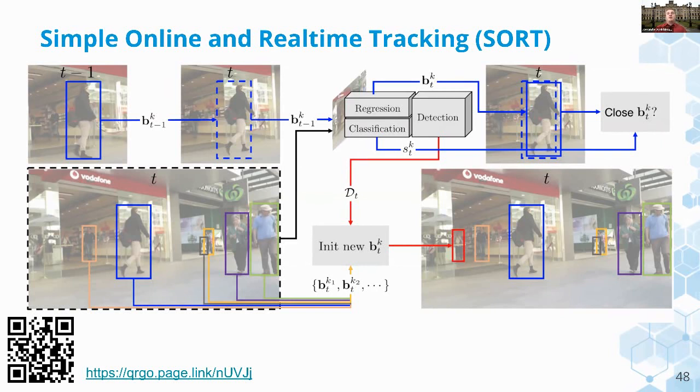We calculate the velocity of this object and try to project its possible location on frame t. And then, simply using an IoU matching algorithm, we try to match predictions produced by our object detector with these projected bounding boxes, and in this way prolong the object trajectory history.